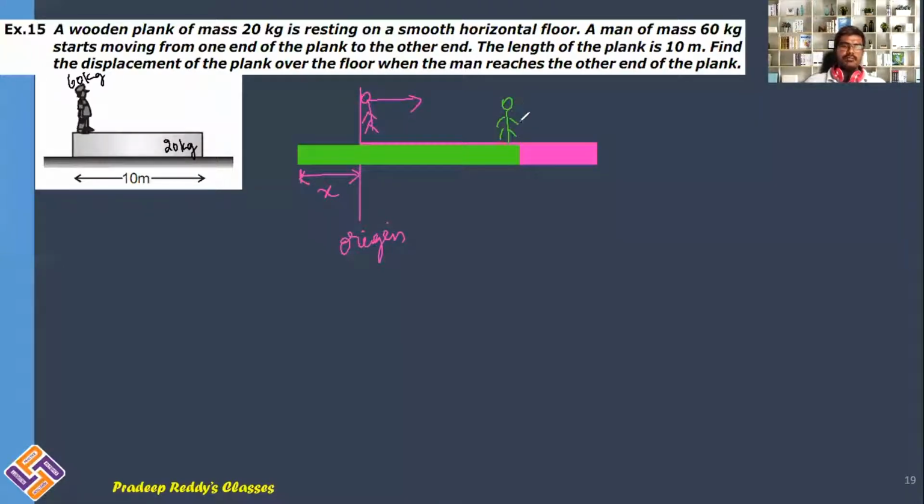The person has been displaced by a length of 10 meter minus x from the origin, because the plank has gone left by a distance x.